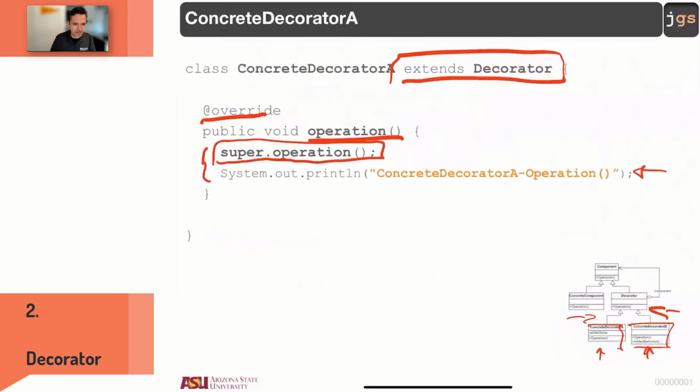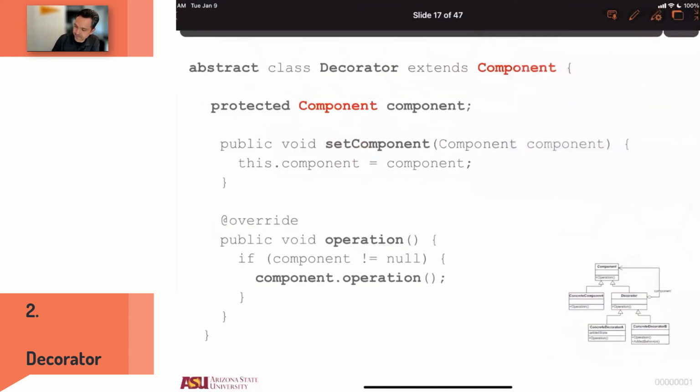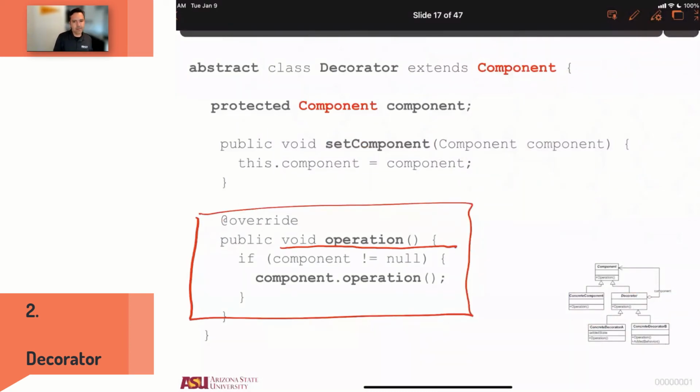Going back to my question, why am I calling operation in the parent? I am basically calling operation here. Operation in decorator should be doing something important. Did you notice what is happening there?